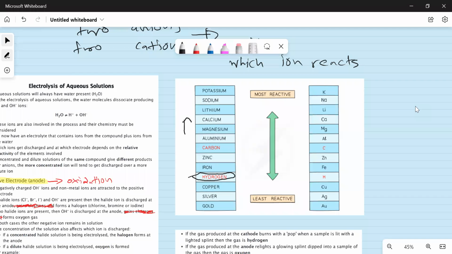When the metal ion is above hydrogen in the series, those metal ions won't be reduced; instead H+ will be reduced to form hydrogen gas. But if the electrolytic mixture has a metal ion below hydrogen, such as copper 2+, silver+, or gold+, those metal ions will be reduced, not the H+ this time. So please remember that particular scenario.